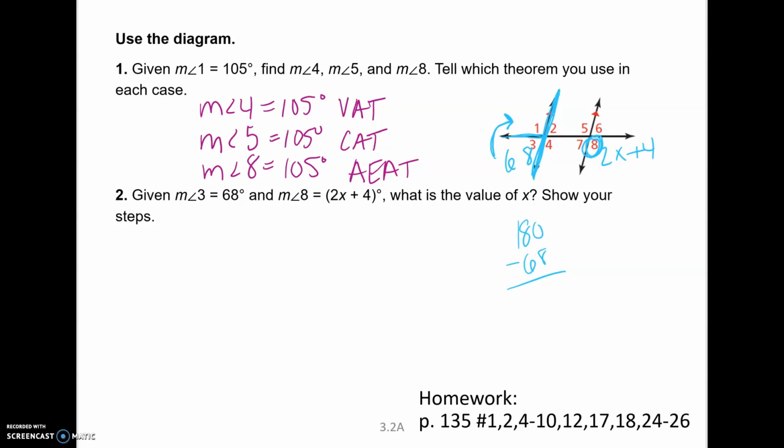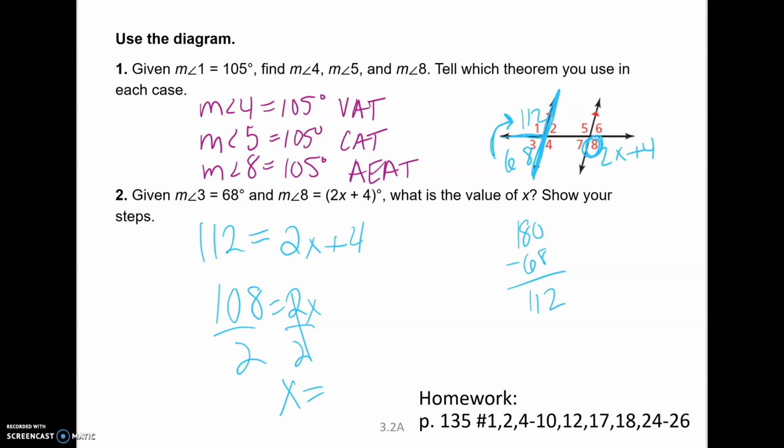So 180 minus 68 should give you 112. Okay, and now we know angle 1 and angle 8 should be the same. So 112 equals 2x plus 4. So I'm going to subtract 4. 108 equals 2x. And divide by 2. And x equals 54.